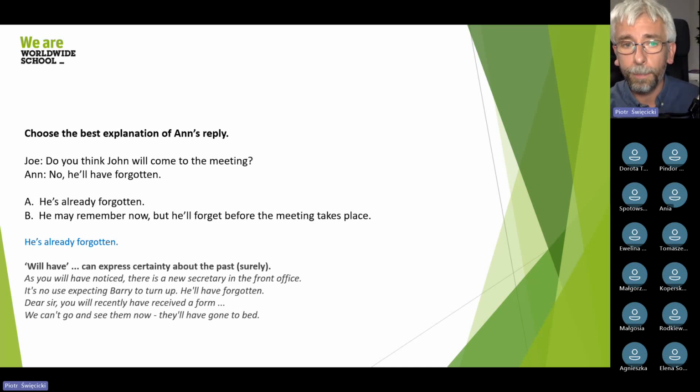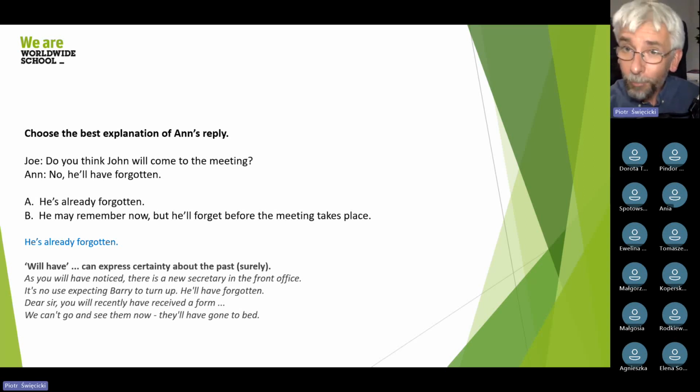So if you use will to express probability, it means that you're almost 100% sure, right? So there's someone at the door. That'll be the postman. Maybe it's not as strong as "that must be the postman," but it's really high on the probability scale.